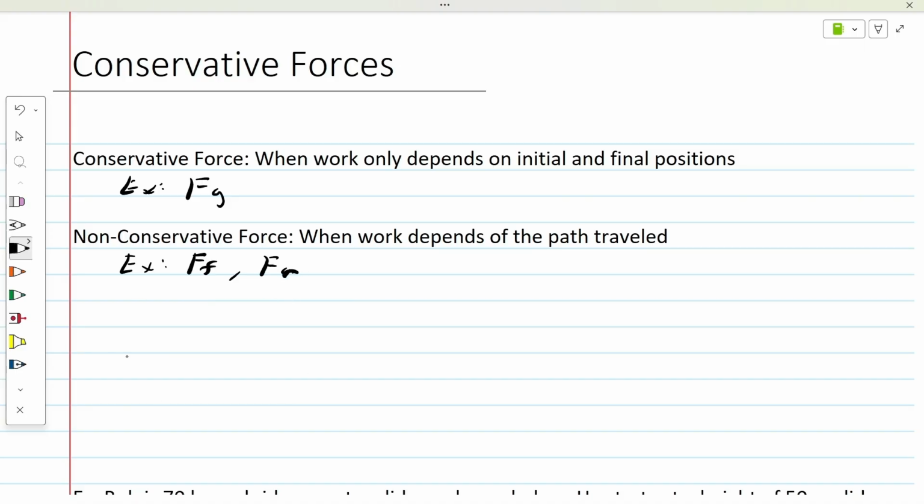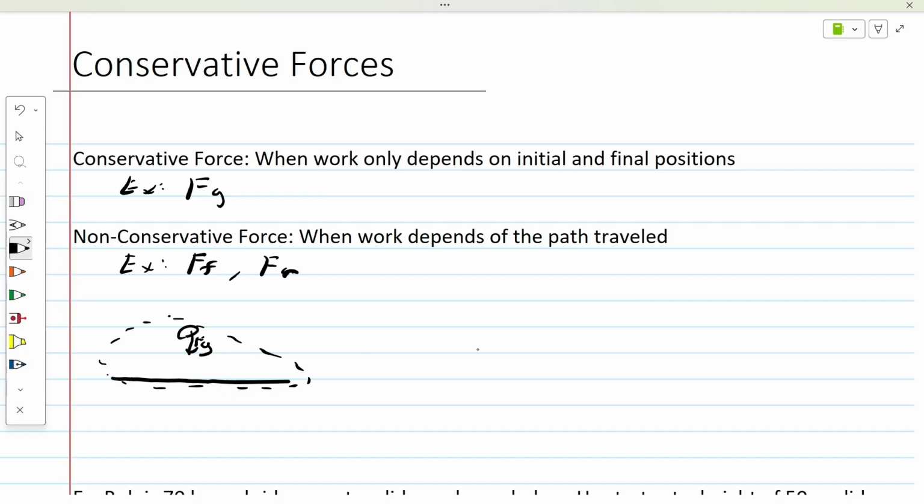So for example, let's say we have an object like this, and we have this Earth-object system. This force due to gravity only depends on the final and initial positions when we're relating the potential energies. So this force is conserved within this system.